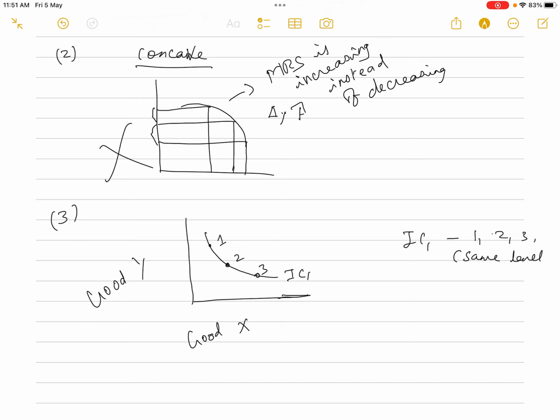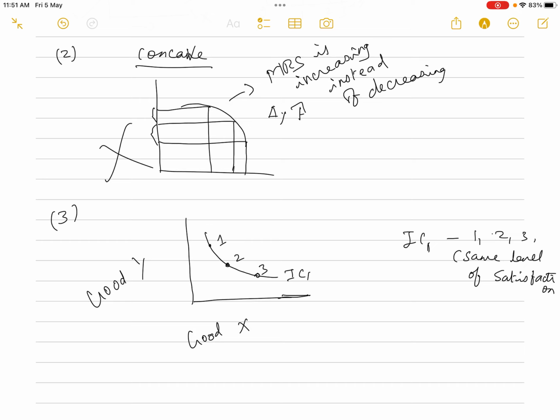So 1, 2, 3 in the sense the points on the indifference curve represent combinations of two goods. Combination 1 represents one combination of commodity X and commodity Y. 2 represents another combination of commodity X and commodity Y. 3 represents one more combination of commodity X and commodity Y. All those combinations are going to give the consumer the same level of satisfaction. That is an indifference curve, isn't it? We have already checked that.